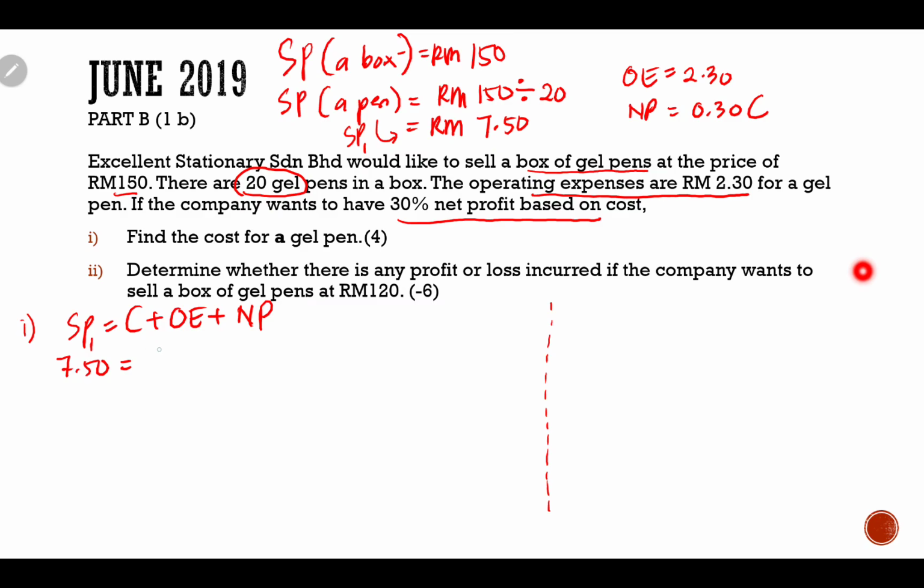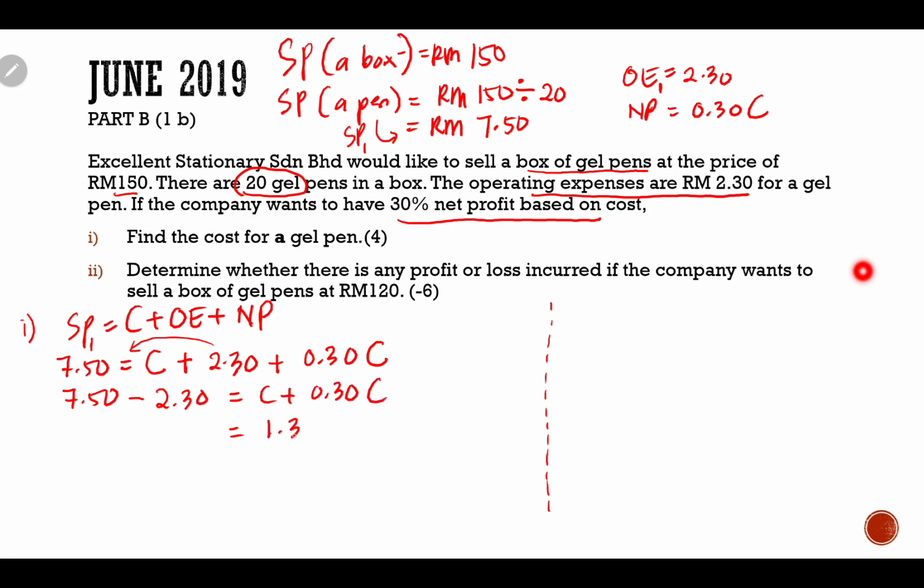We don't know the cost, so write C plus the operating expenses for one pen, 2 ringgit and 30 cents, plus the net profit 0.30 of C. Bring 2 ringgit and 30 cents to the left hand side: 7 ringgit and 50 cents minus 2 ringgit and 30 cents equals C plus 0.30 C. So 1 plus 0.3 gives 1.30 C. 7.50 minus 2.30 is 5 ringgit and 20 cents. Then you solve for C.